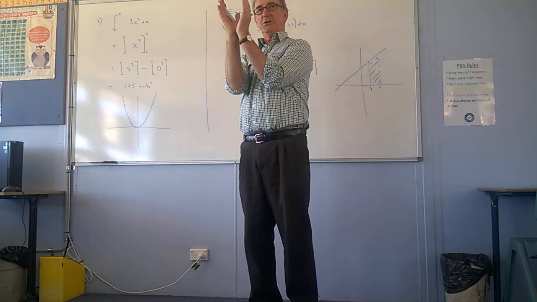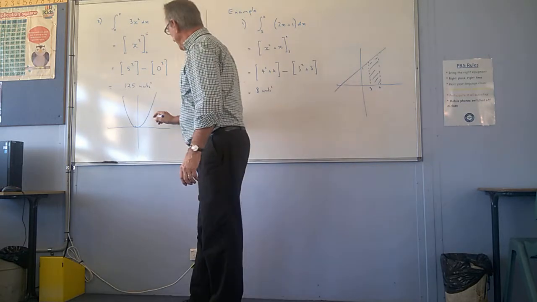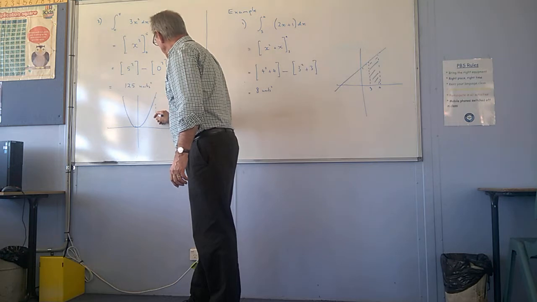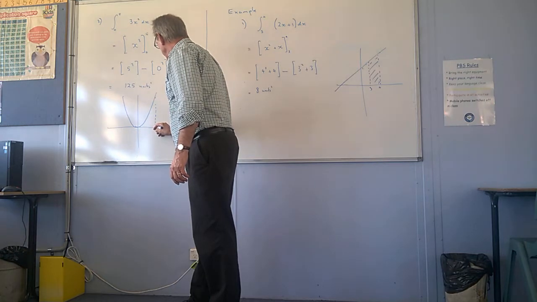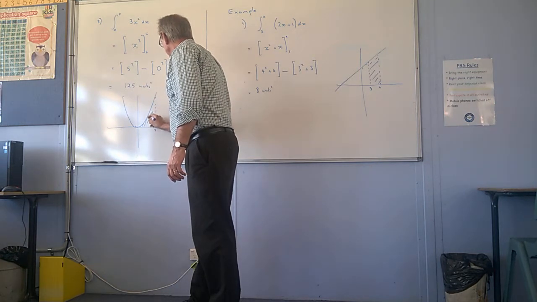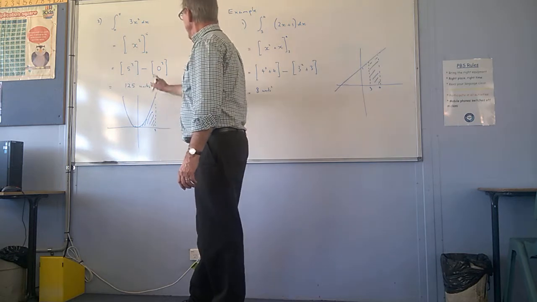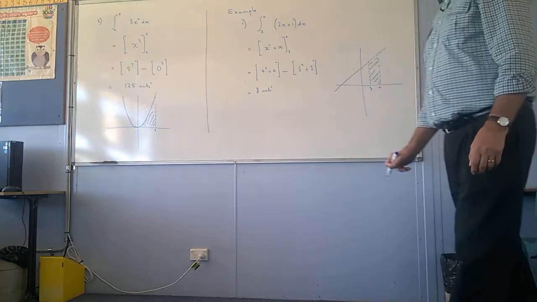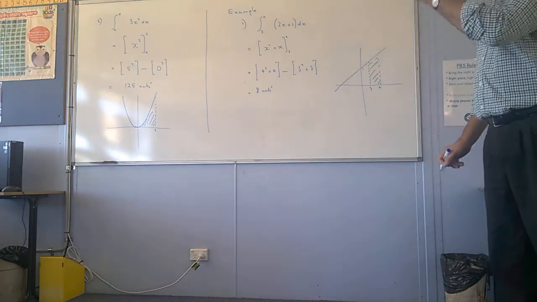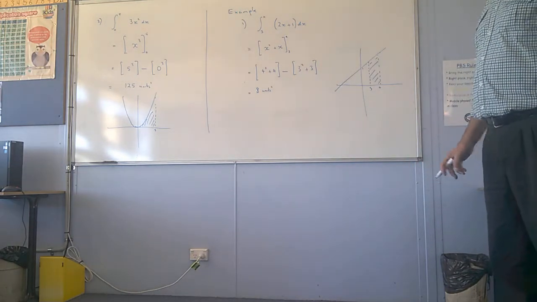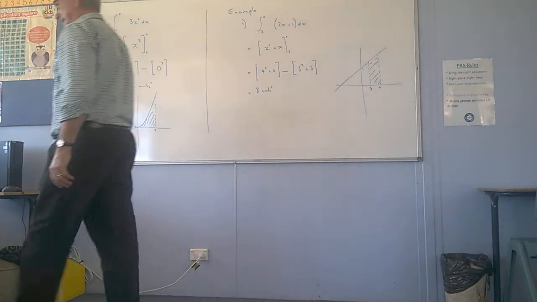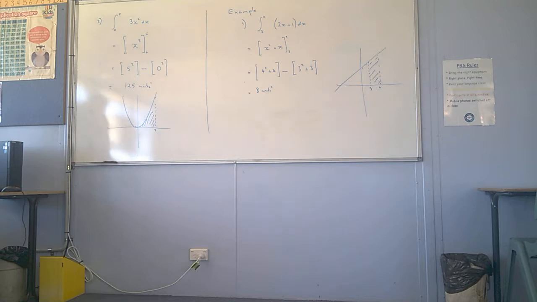It's just squashed in a bit, right? And it's saying from 0 through to 5, what is that area there? It is 125 square metres. It won't always be exact, it won't always be an integer. In fact, I'm surprised that it is, but there it is. That's how you work it out.